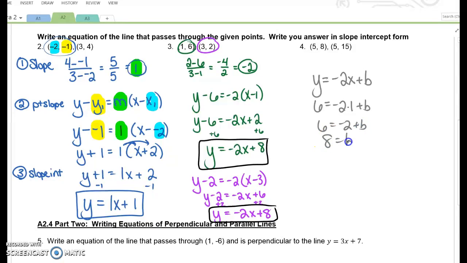You could find out that 8 is your b value. The problem with this method is that a lot of people get b equals 8 and they're like, all right, I'm done. But they haven't actually written the equation in slope-intercept form. You have to remember to go back up here and write 8 in place of that b. And a lot of people forget to do that.